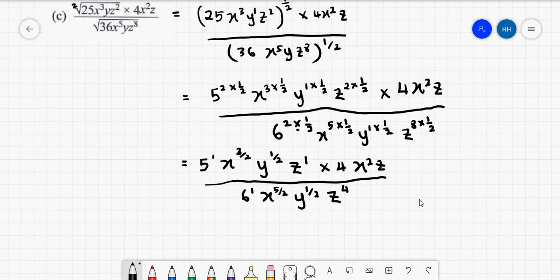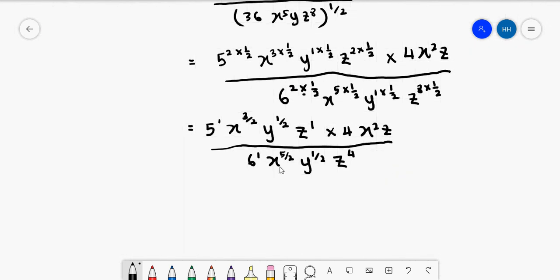Now, for the number, you solve the number 5 times 4 over 6. And then for the variable here, the same base, you use the law of indices for multiplication and division.